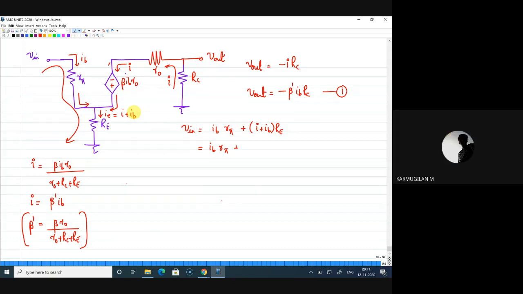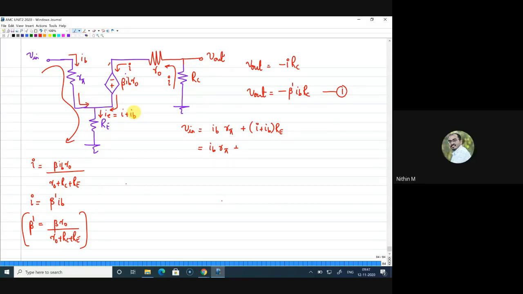If we include the other resistor for V in, that can be included even at the end, right? Then we can just write V in by that resistance equal to IB.